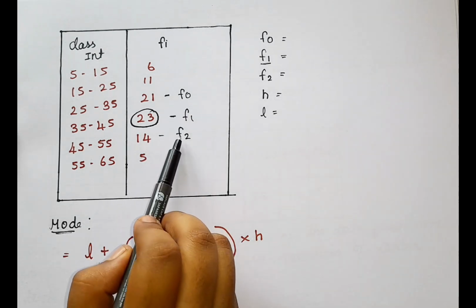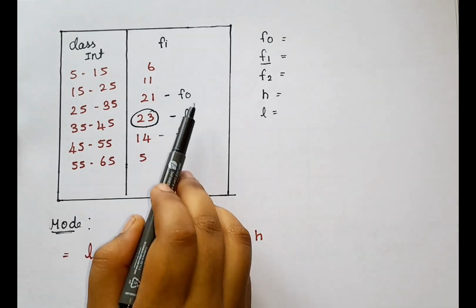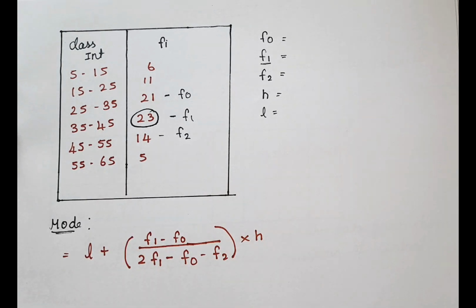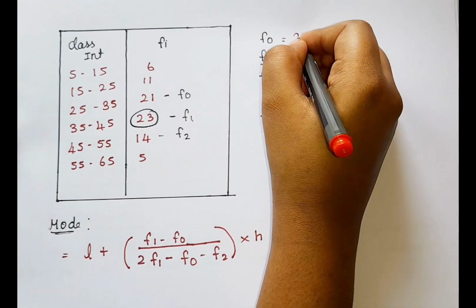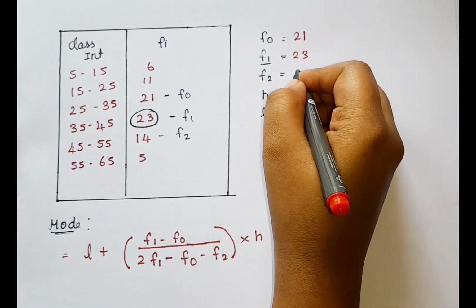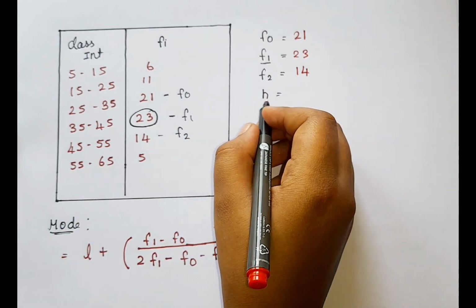Up you will find F0 and down you will find F2, in the order 0, 1, 2. So now we got F0 as 21, F1 as 23 and F2 as 14.